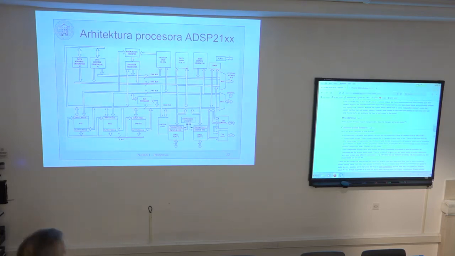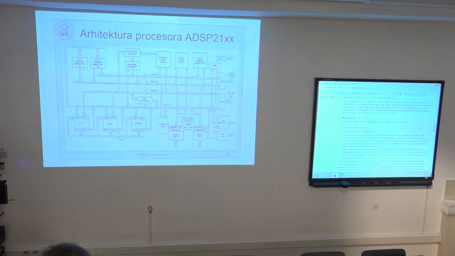Each of these units has its own dedicated result register. And finally, if I want to store the data back to the memory, I have to use this fetch and store unit to transfer data from this register over the data bus back to the data memory.